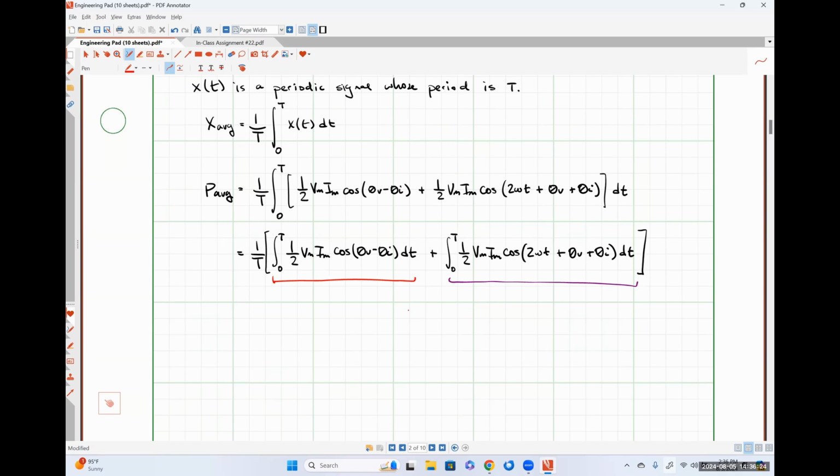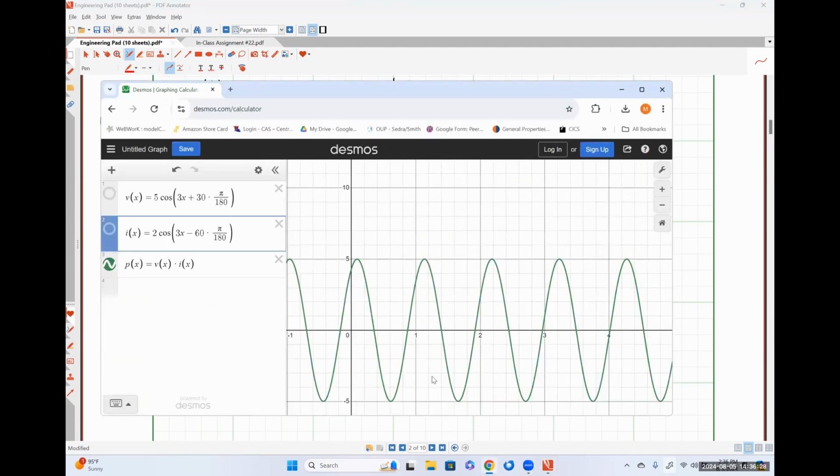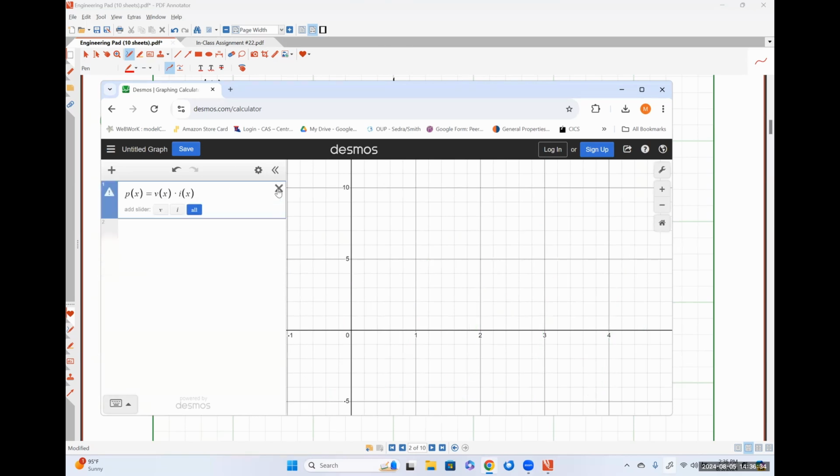So let me bring up Desmos again. Having a program that can describe math is pretty great to me. So I'm going to clear this stuff out, and I'm just going to put in a signal. So 0.5 times 5 times 2, those were my amplitudes earlier, times the cosine of twice omega.